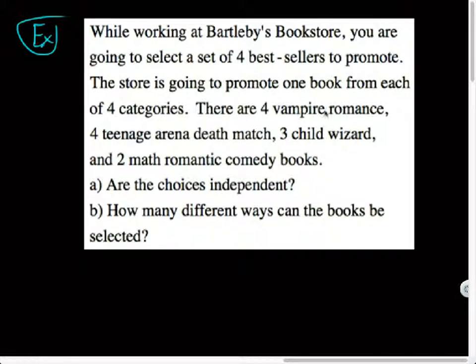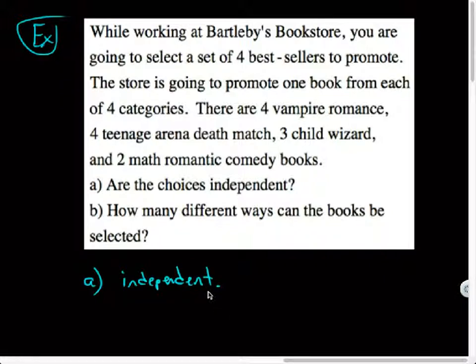There are 4 vampire romance books, 4 teenage arena deathmatch books, 3 child wizard books, and 2 math romantic comedy books. First question: are the choices independent? If I choose one of the vampire romance books, does that have any effect on what I select for the teenage arena deathmatch book? No, these are independent because I'm only choosing 1 from each category.